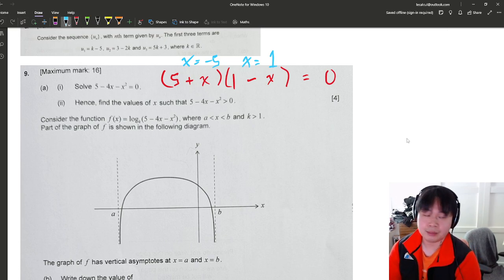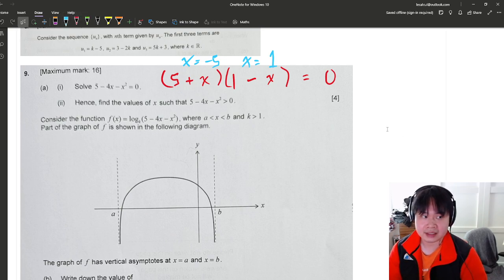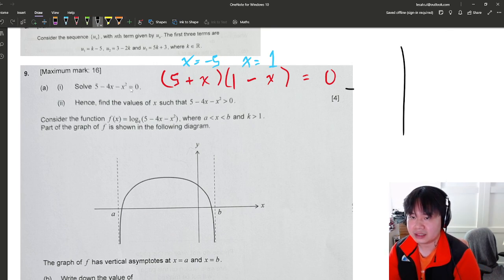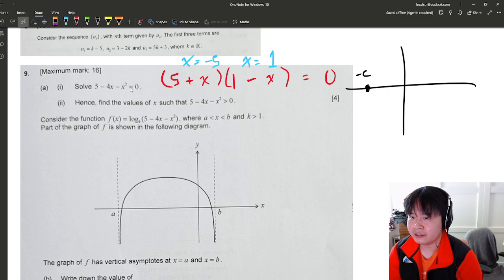What we just did in part A is we essentially found the values of x that give you an x-intercept when you graph them, right? These are values of x. When you plug it in, your y value is going to be 0. So very quickly, you can sketch this out to see what it looks like. So we have an x-intercept here at -5.